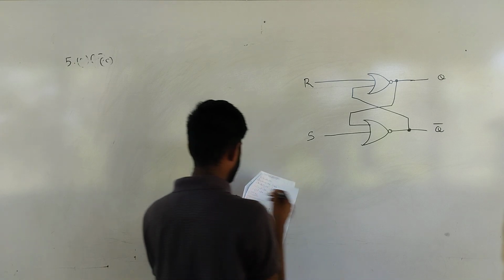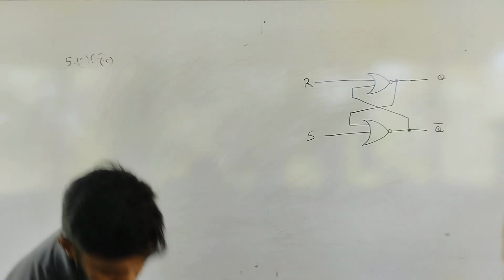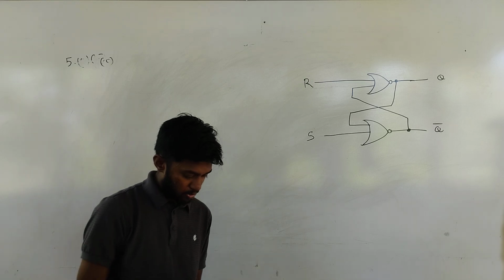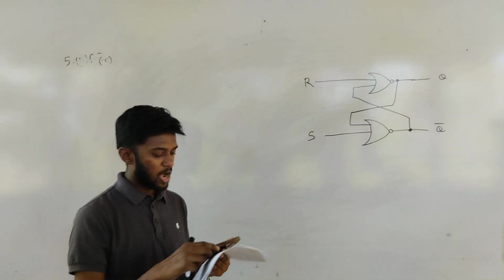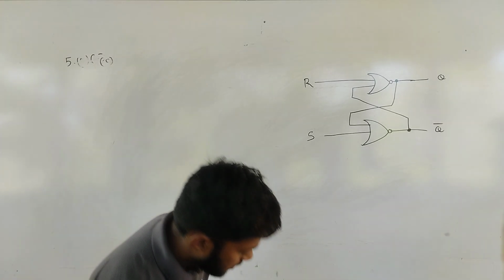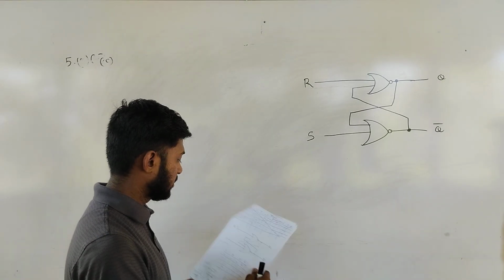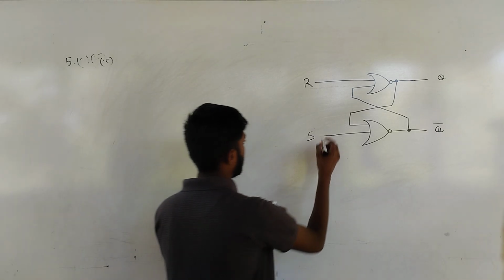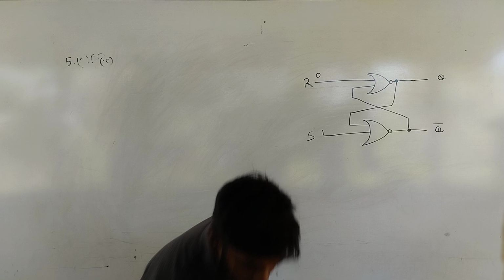So this is the flip-flop Q bar, and S is given. Now, what they have told, assume that the S input is 1 and the R input is 0. Right, like this.